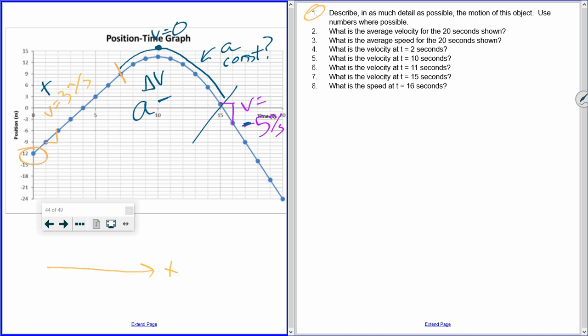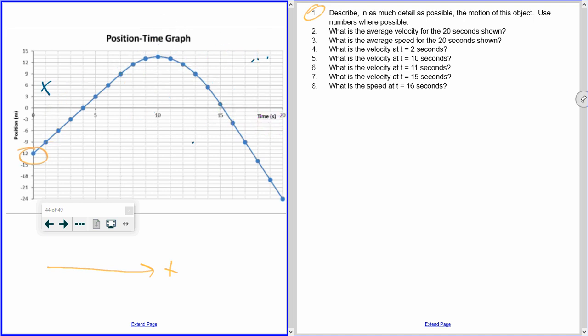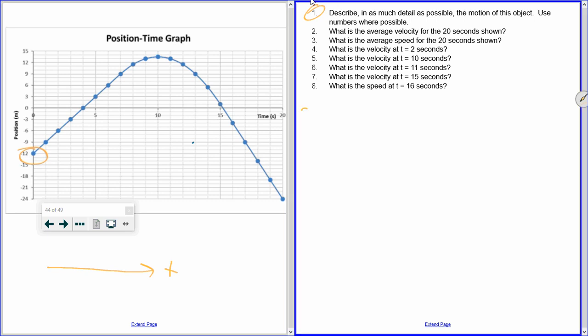Number 2 wants the average velocity for the 20 seconds shown. Remember, average velocity is displacement over time.